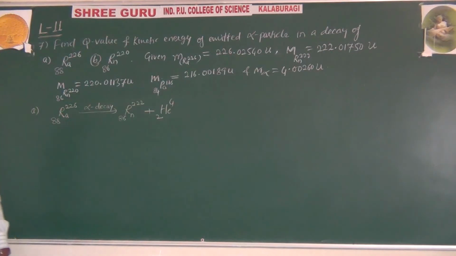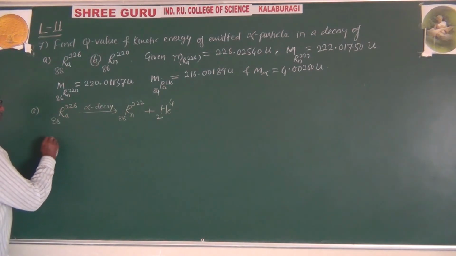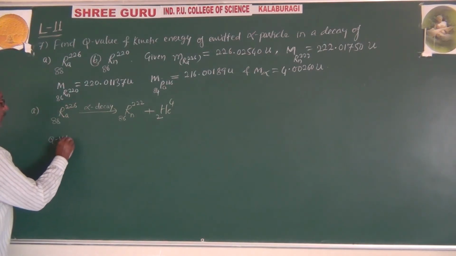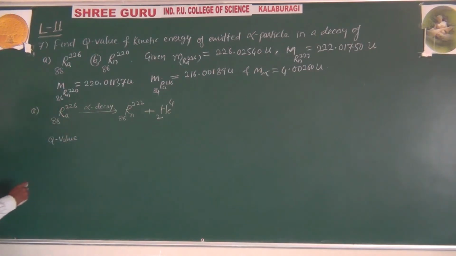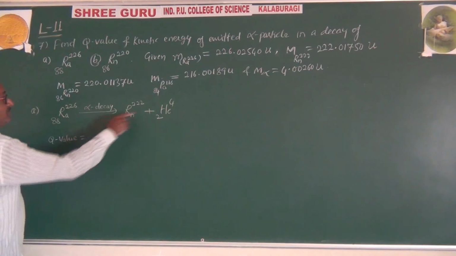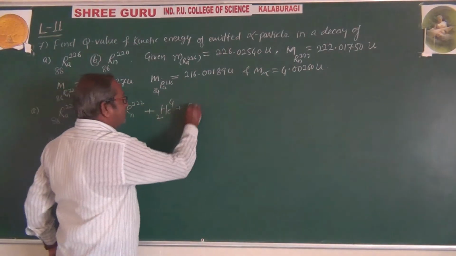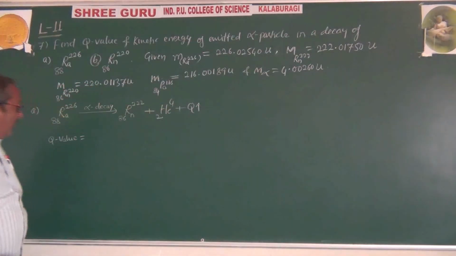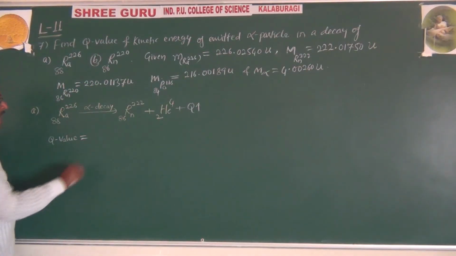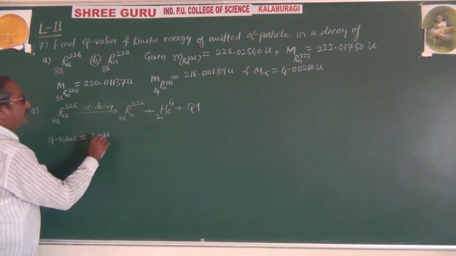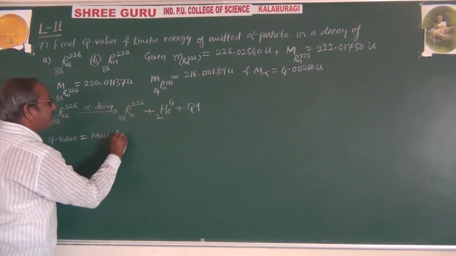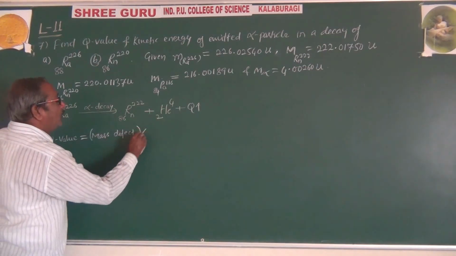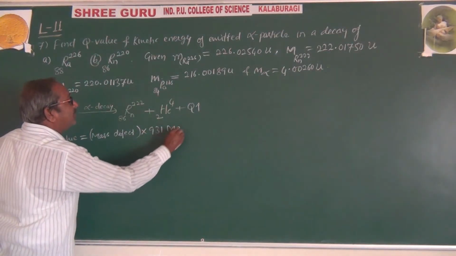Now during this case, which energy? Binding energy. What energy will be released in this? Here it is plus Q, and this we have to find, and that is equal to mass defect into 931 mega electron volt.